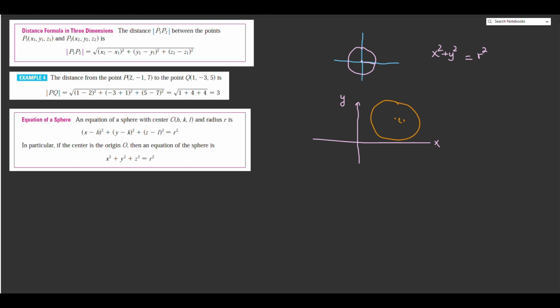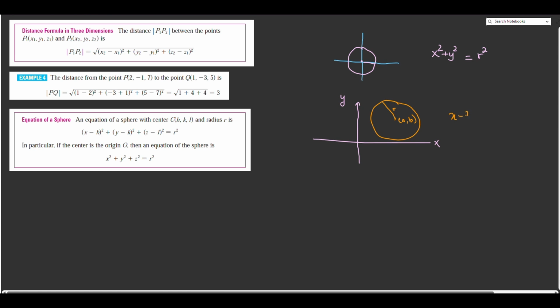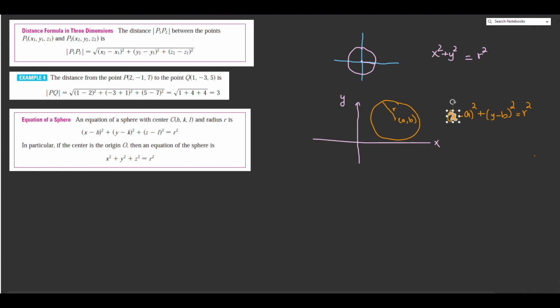The coordinates of this point are (a, b), and the radius is r. This can be written as (x minus a) square plus (y minus b) square equals r square. So the center of the circle is (a, b), and the radius is r.